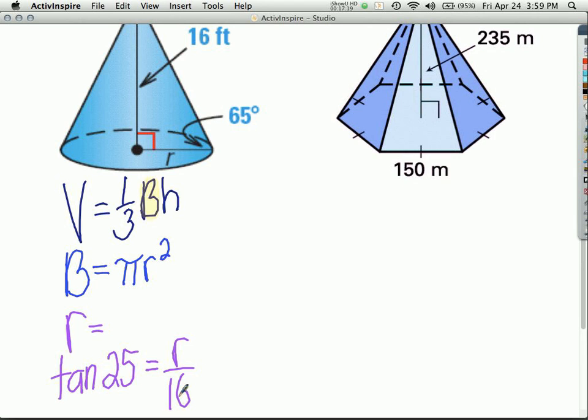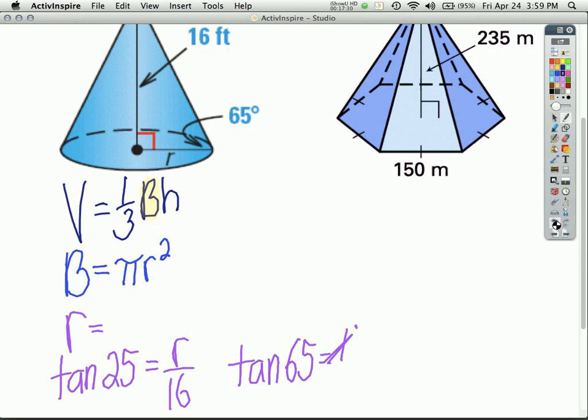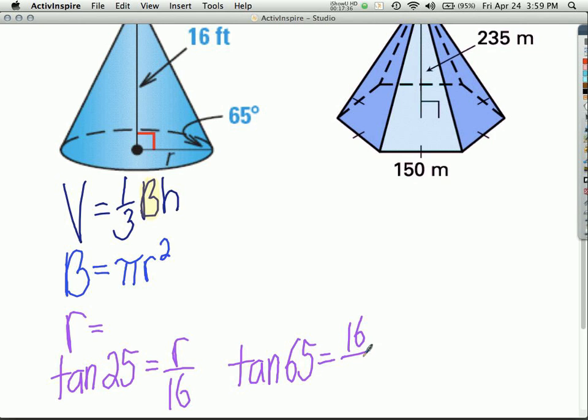What'd you do differently, Alexandra? 16 over r. Yeah, they both work. Anyone do anything differently? Kalasia, you had said different. You did this one, tangent 65.